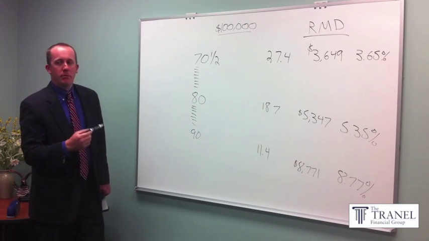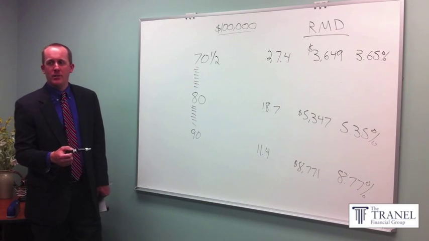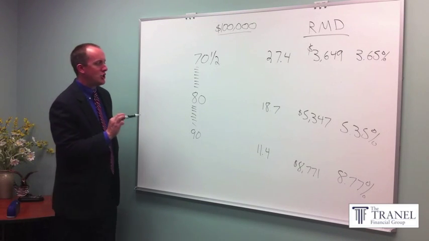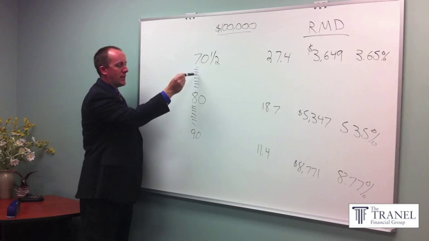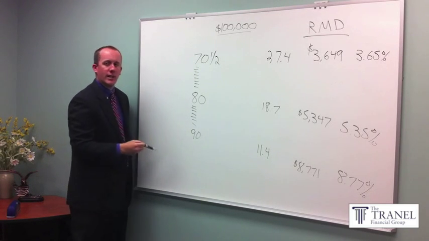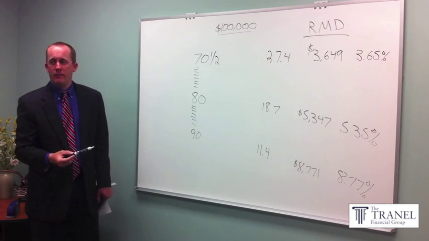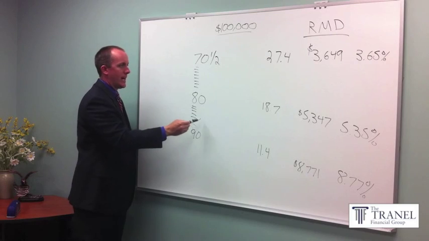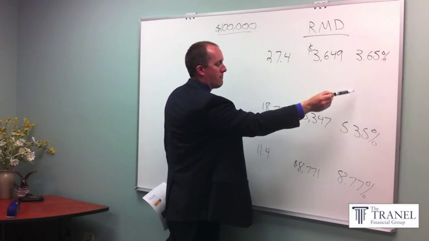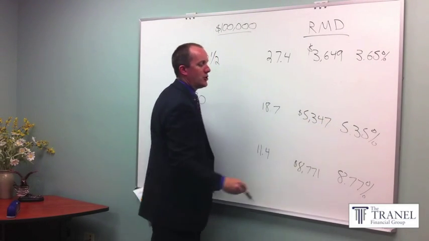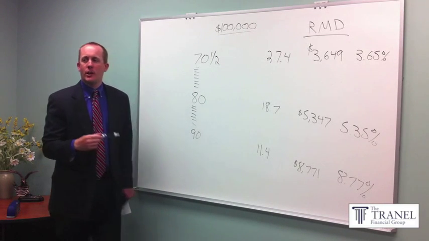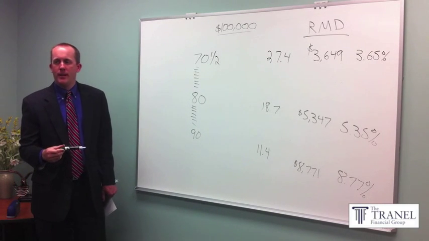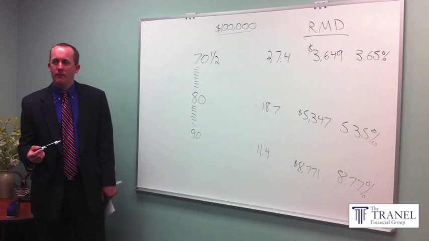The challenge in planning for required minimum distributions is, in general, as someone gets older, they're going to tend to be more conservative with their money. However, as someone gets older, they need to earn more and more on their money just to break even with what the required minimum distribution is going to force them to withdraw.